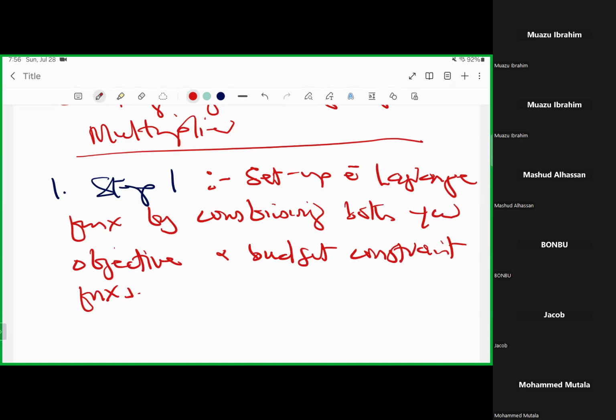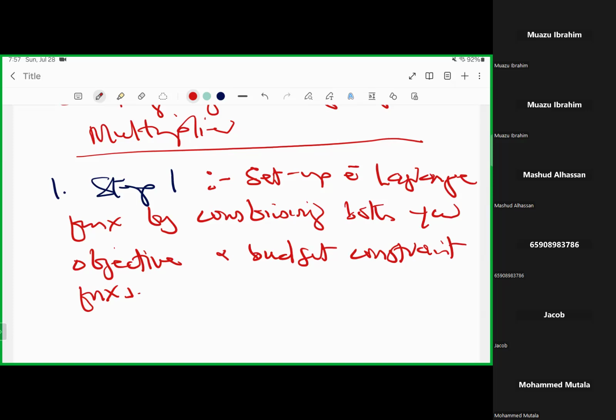You need to bring together the objective function, that is the function that you want to maximize or minimize, and then bring the budget constraint function as well.